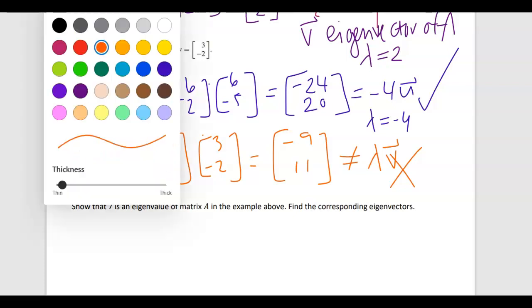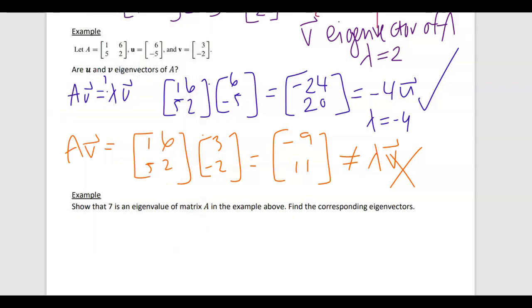In the next example, it wants us to show that 7 is an eigenvalue of the matrix A. So let's think about how we are going to do that. If 7 is an eigenvalue, then I know that A times some vector x must be equal to 7 times that vector.